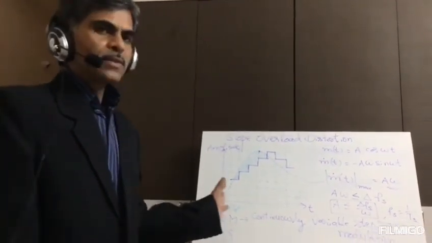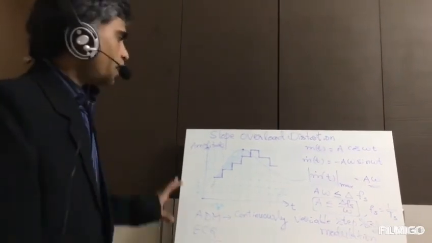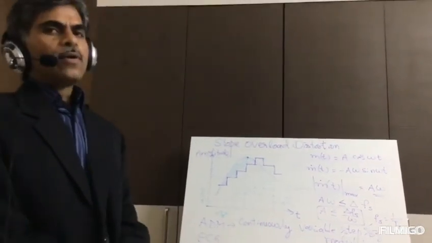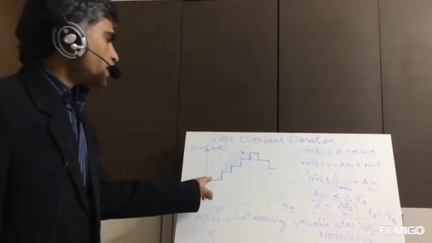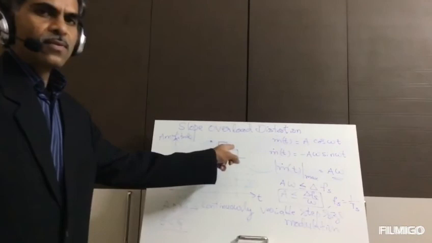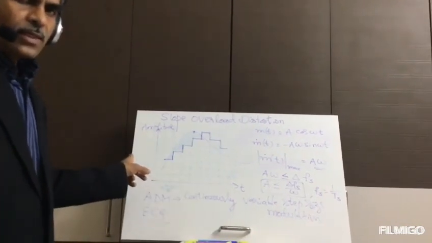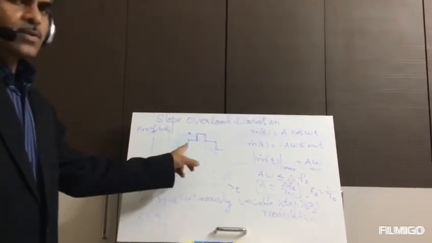And with two summers we can easily implement that. Then what should be the output of the delta modulator? The output of delta modulator is approximated to be like this. How do you name this? It is called the staircase approximated signal.